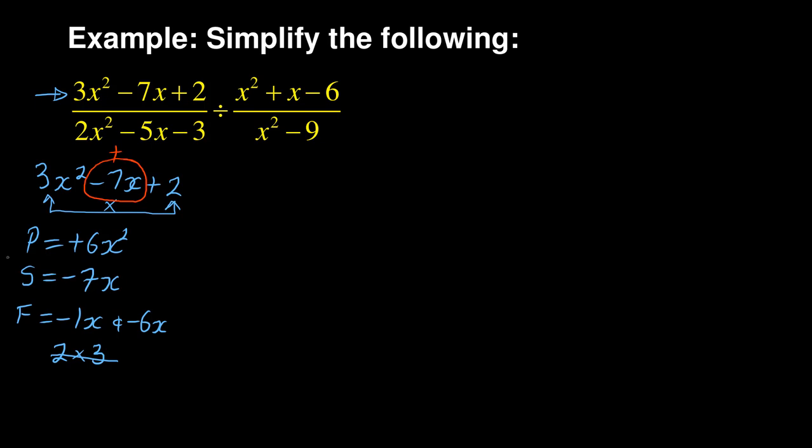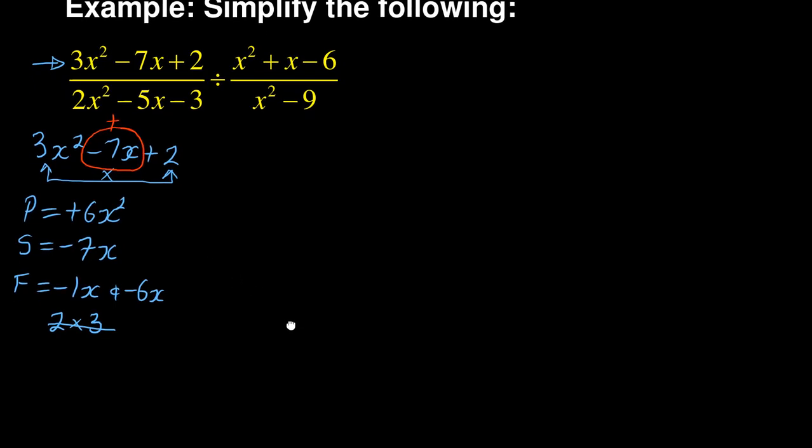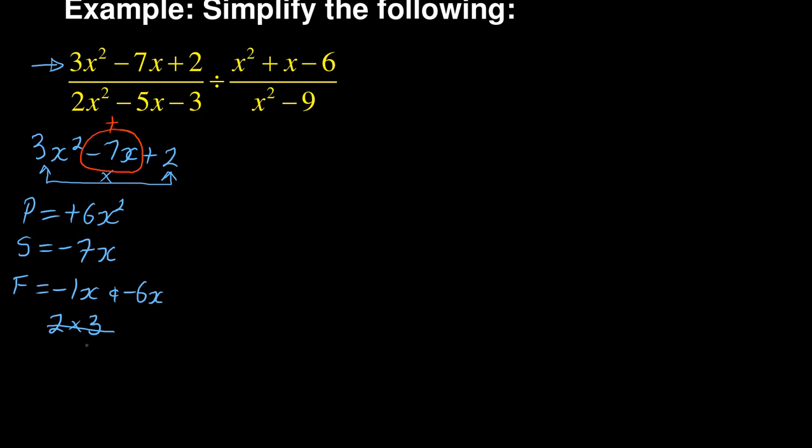So having done that, I can then factorize further and say this is the same as 3x squared, and where there is minus 7x, I've got minus 1x minus 6x, and then plus 2. As I said, I'm just working faster because there is a lesson on that. So now I take the first two and the last two. What's common in the first two? You can see that it is x. So x into 3x squared, it is 3x minus 1.